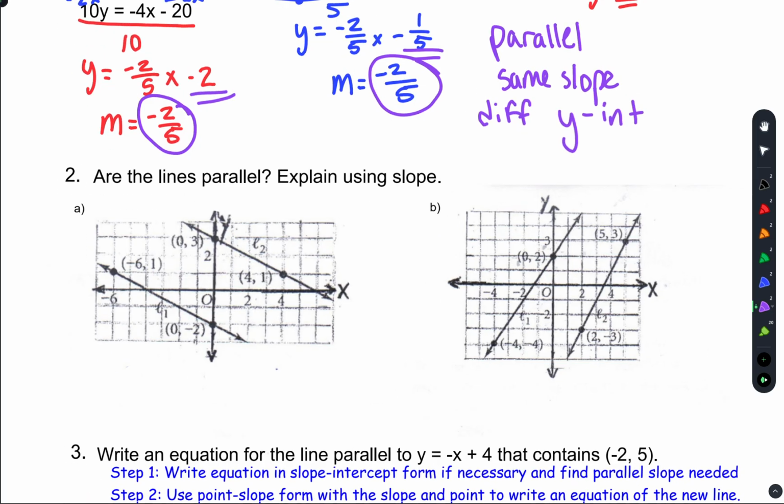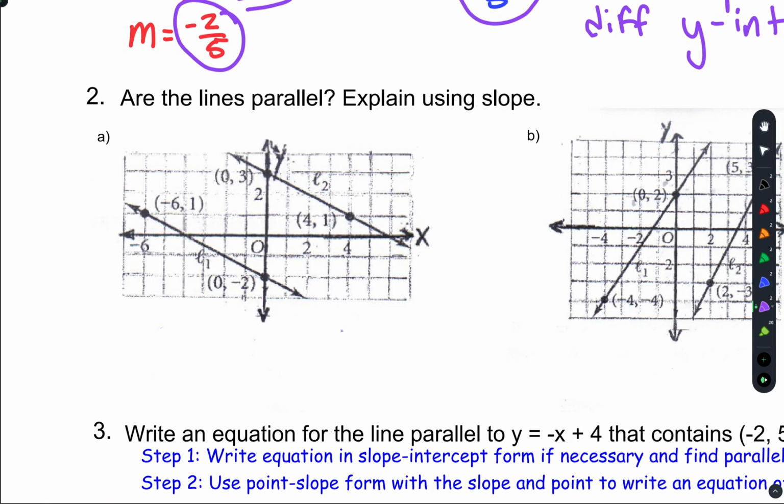Okay, so if I have two lines on a graph and I want to figure out their slopes, what's the easiest way we can figure out their slopes? I'm going to count the boxes for rise over run. Slope we know is just the rise over the run. We are always going to count from left to right, like we're reading a book.